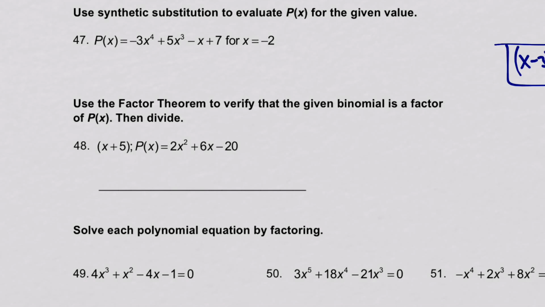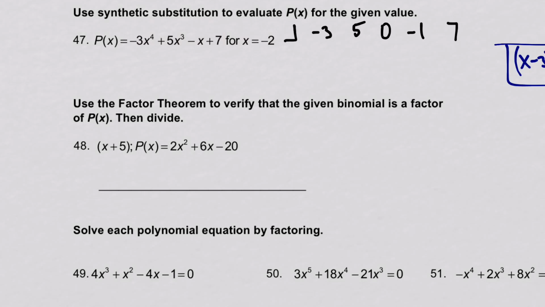Okay, 47 says use synthetic substitution to evaluate p of x for the given value. You don't actually have to use synthetic substitution in this case. Okay, you can just substitute in -2 in here and see what you get. But synthetic substitution is a much faster method. Okay, so you will do this. You'll set it up for synthetic division. -3, 5, missing x squared, so I'm going to put a 0 there. -1 and 7.